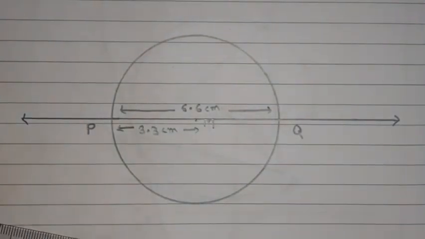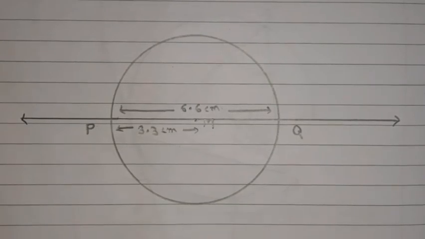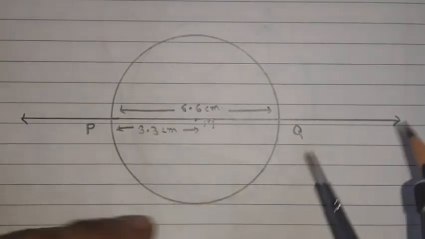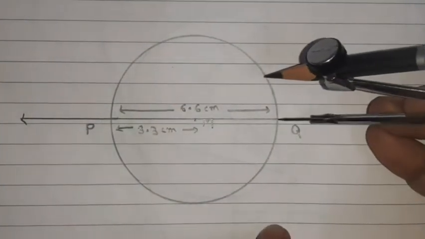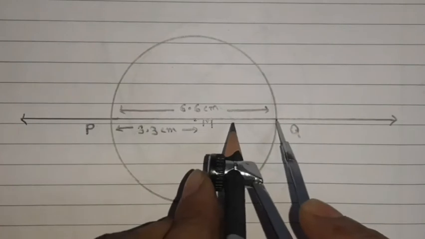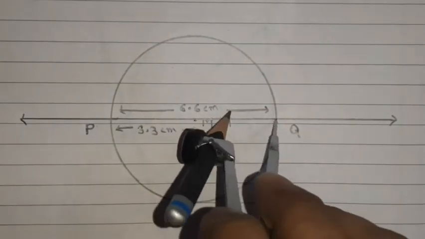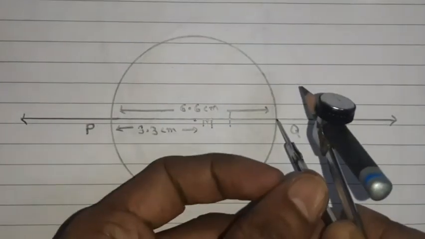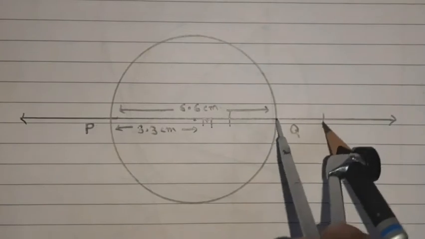Now dear student, passing through point P and passing through point Q, we have to draw the two tangents. First of all, we put the metal point on Q and take a sufficient distance less than the radius and make two arcs like this, one on each side.